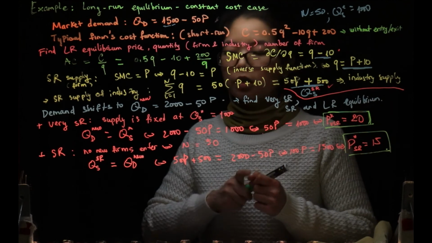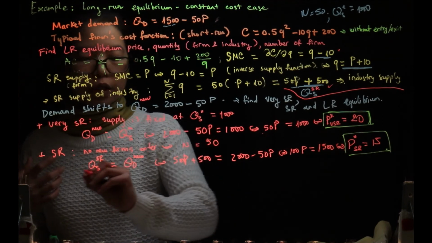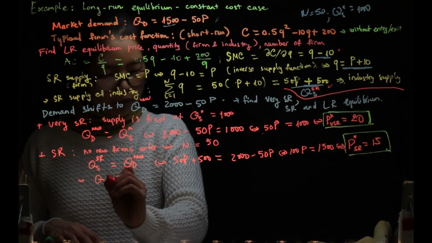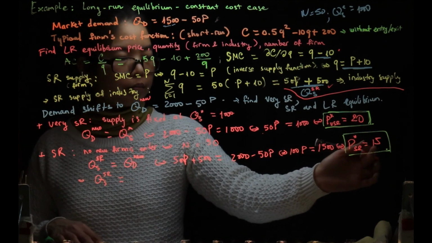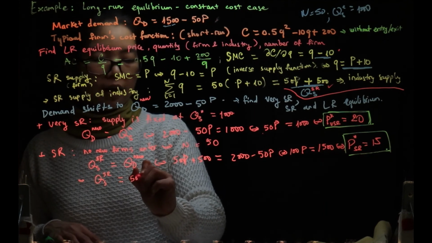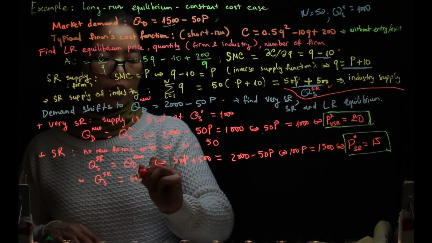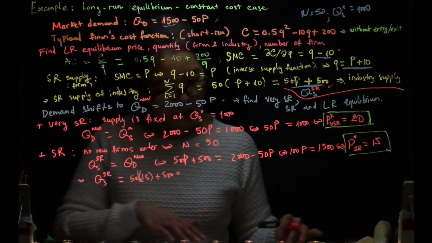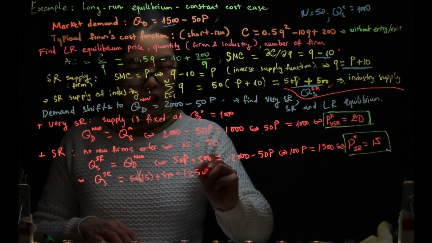And from this new short run equilibrium price, we could also find Q as short run equals plug P back into this short run supply, 50 times 15 plus 500, which is 1250.